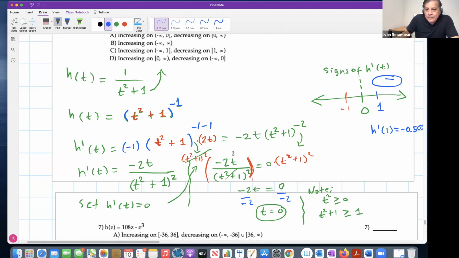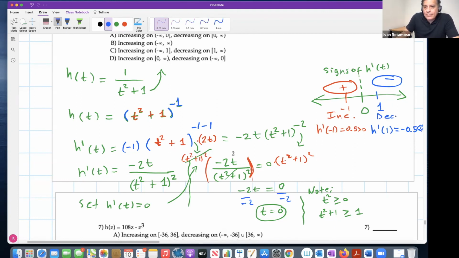But now, h prime of negative 1: remember, we got this to be positive 0.5. This is positive, so this whole subinterval is positive. It means that the function is increasing here, and decreasing here.